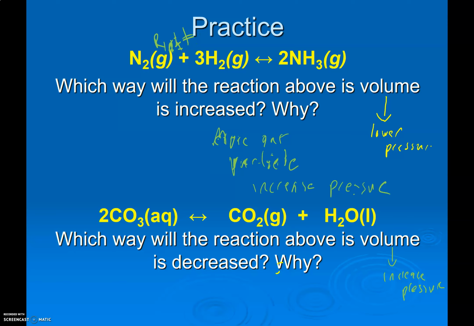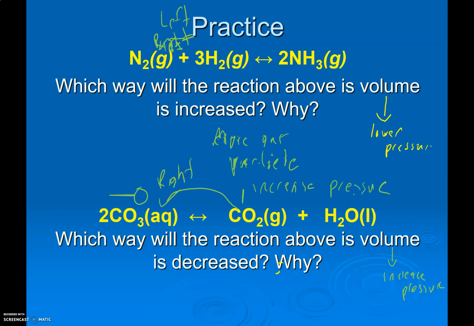This side has 1 mole of gas, and this side has 0 moles of gas. So we're going to shift in this direction. Actually, this was to the left, so we're going to shift towards the right.